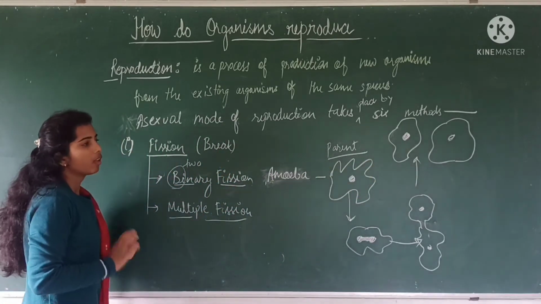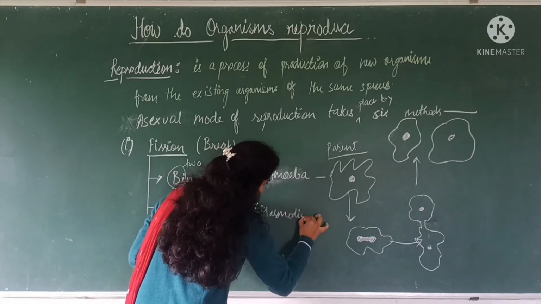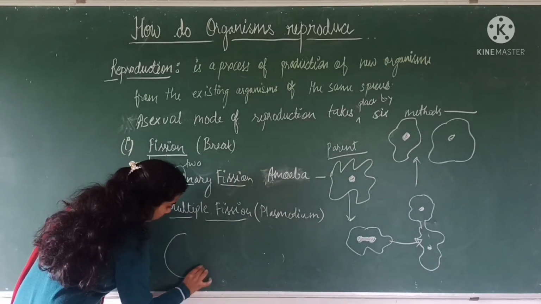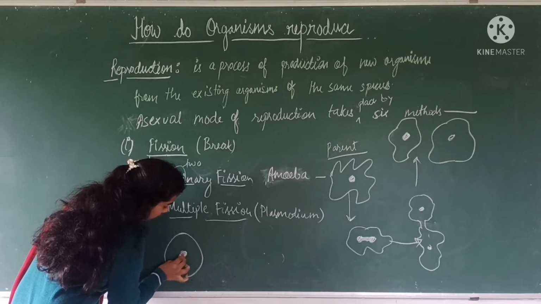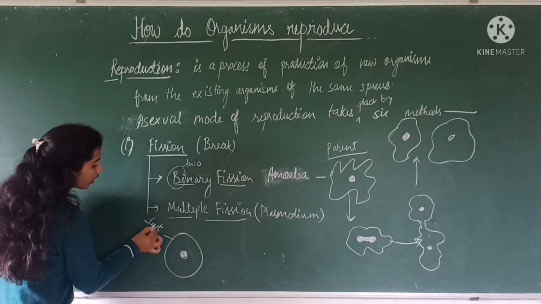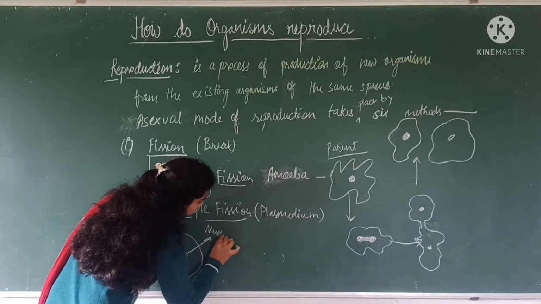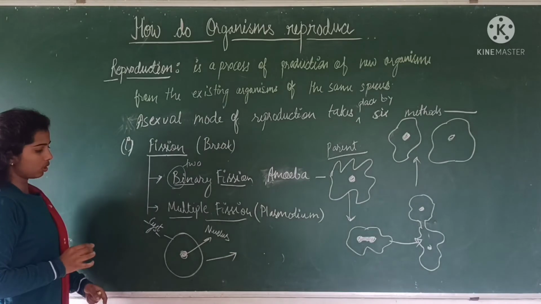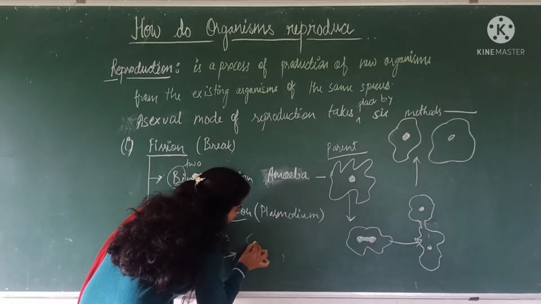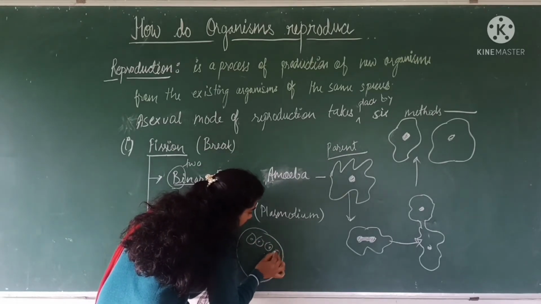In multiple fission, the best example is Plasmodium. You all know Plasmodium causes malaria. This is the figure of Plasmodium. The outer protective covering of the Plasmodium is known as cyst, and this is the nucleus. When the Plasmodium starts dividing, firstly it divides into many daughter cells.